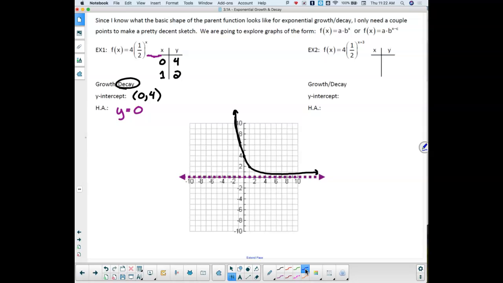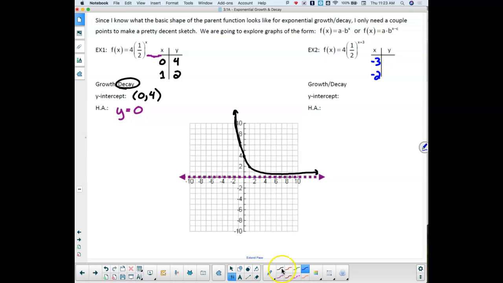Need my exponent to be 0. So what values am I going to put in for that? I want my exponent to be 0. -3, and if I want my exponent to be 1, I would put in -2. Now, the unfortunate thing is neither one of those is going to give me a y-intercept, correct? So what do I have to put in to find my y-intercept? 0. Yep.